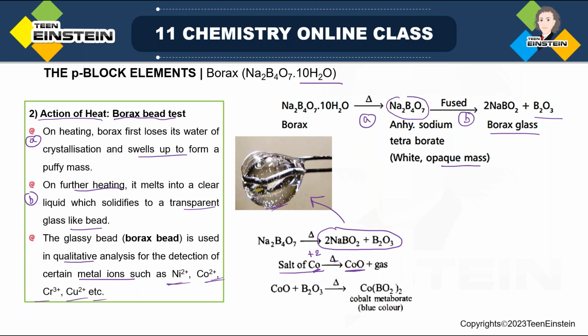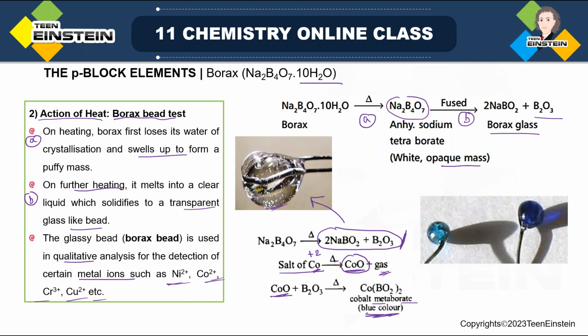Suppose you have taken cobalt sulfate, there is a gas formation, that is, the sulfate part is removed in the form of sulfur dioxide or trioxide, and you get the oxide of cobalt after heating. Now this oxide of cobalt ultimately reacts with the B2O3 present in this transparent bead, forming cobalt metaborate, Co(BO2)2. It has a blue color. So if you consider the picture, it is like this.